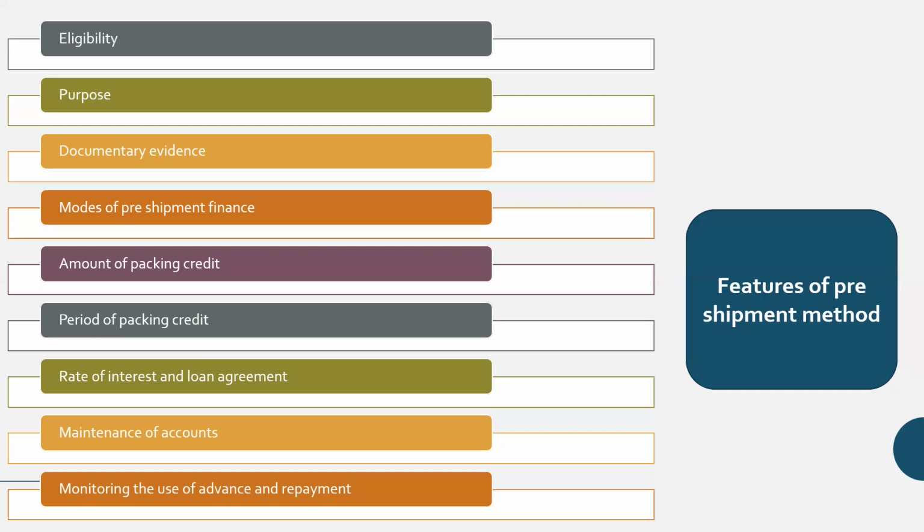So whatever the income that exporter receives, the very first thing he will be using that to fulfill the loan part of it. So that's the reason why incentives can also be taken into consideration to repay back the loan. Further, period of packing credit, how many days or what amount of period that is given to repay back the payment to the exporter.